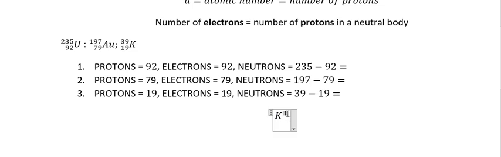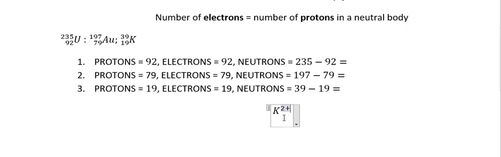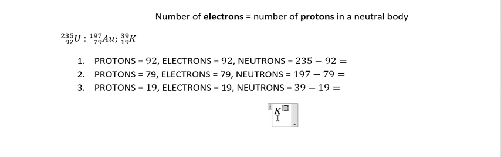When the charge is plus, it means that it has lost one electron. If it is 2 plus, it means that it has lost 2 electrons. In this case it is still going to be the very element, but the number of protons will not be the same as the number of electrons.